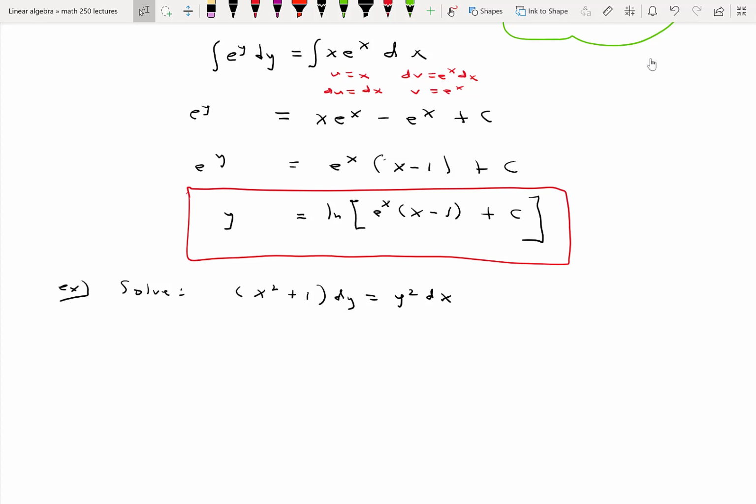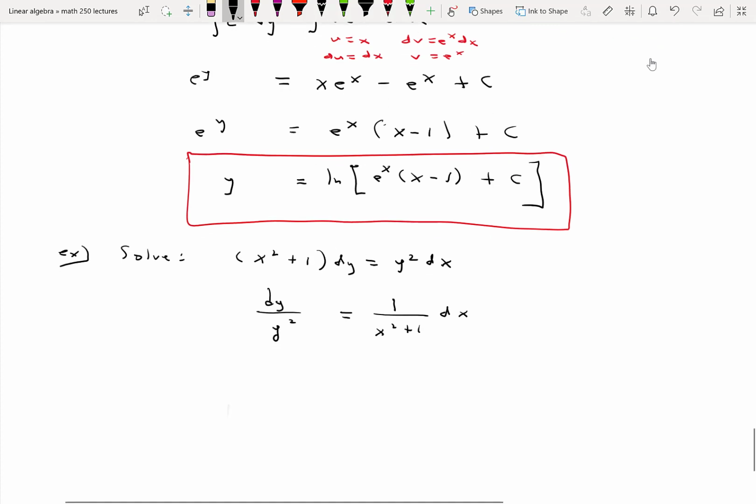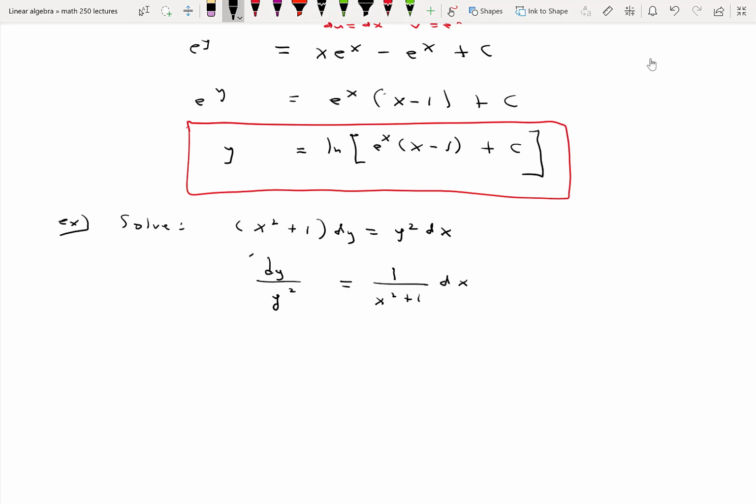I have a differential equation in differential form. So let's separate the variables. If we divide both sides by y squared, we get dy over y squared equals, divide both sides by x squared plus 1. And then we integrate both sides with respect to the variable on each side.